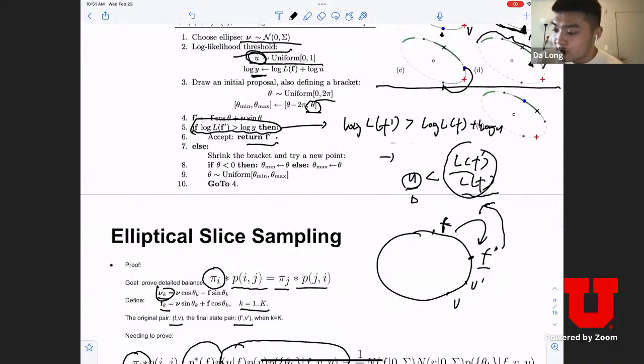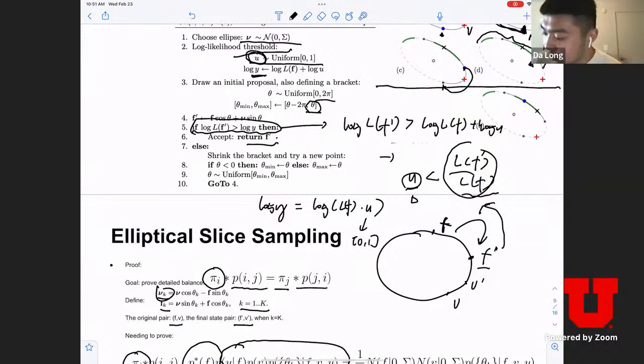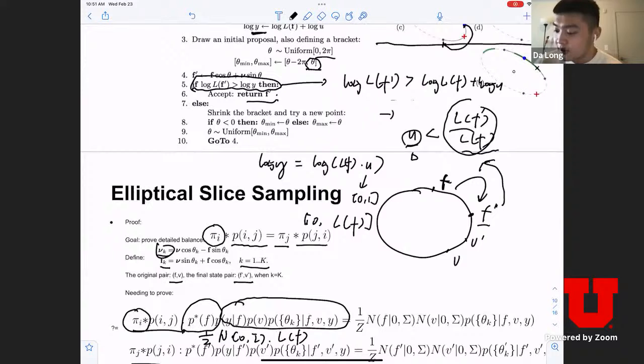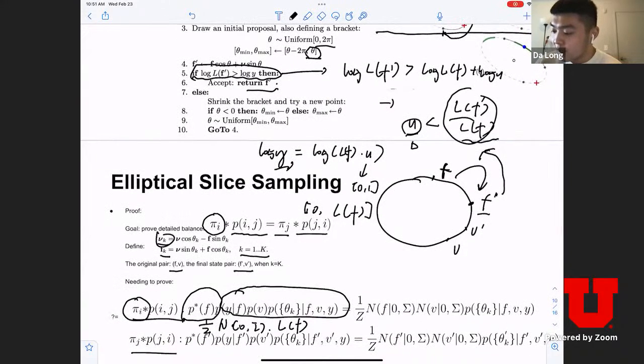If you multiply them together, the log of y is equal to log L of f times u. Since u is from 0 to 1, y is from 0 to f logically. So y is also a uniform distribution from 0 to L of f.